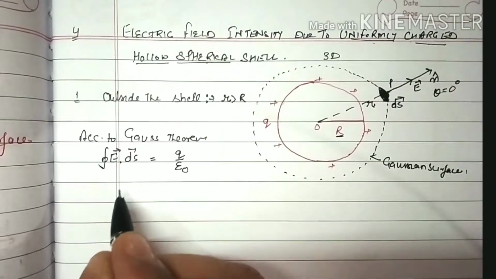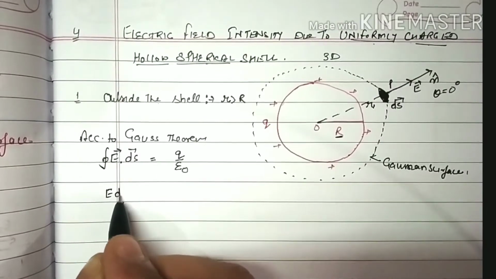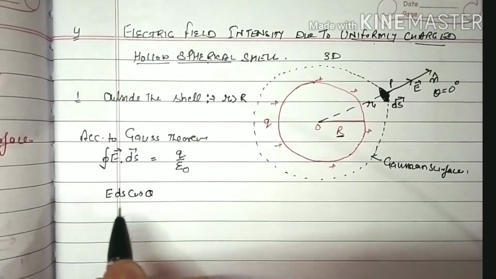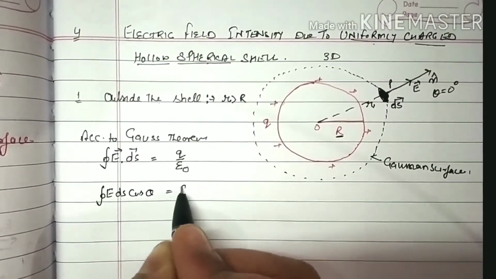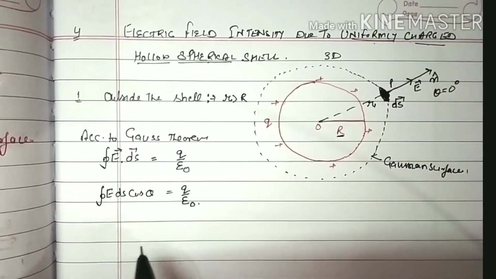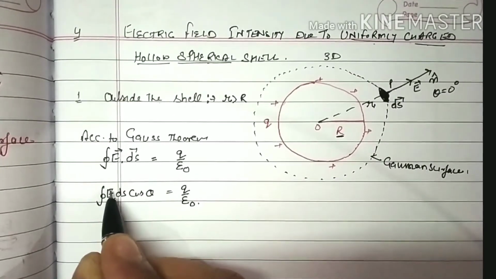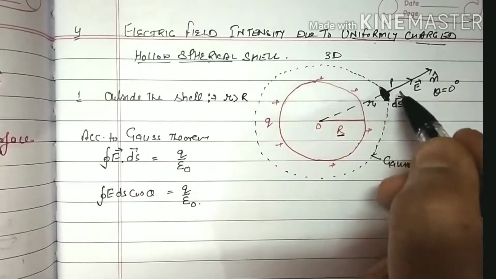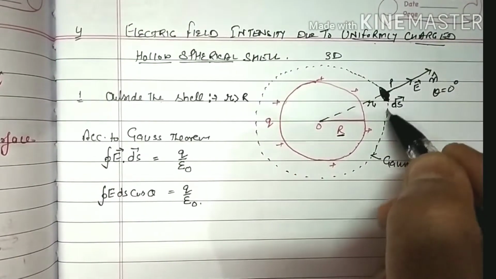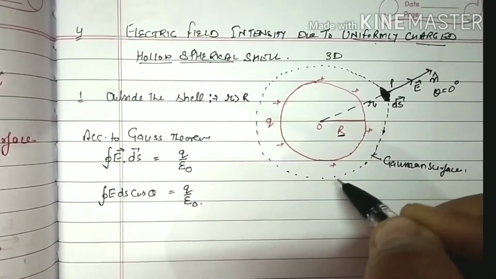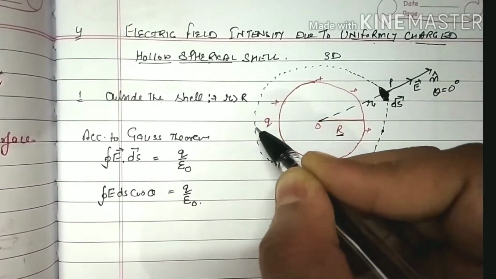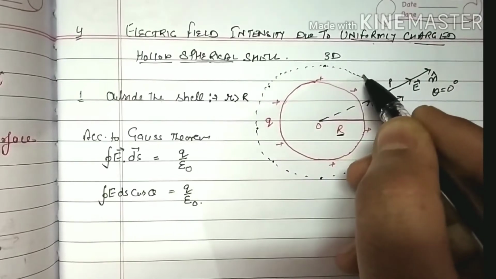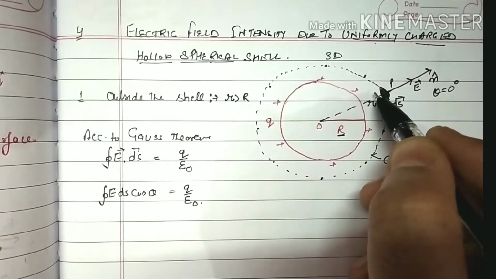Now this dot product is replaced by cos theta. Now you know that the electric field over the Gaussian surface remains constant, meaning the magnitude remains constant, but the direction is different.